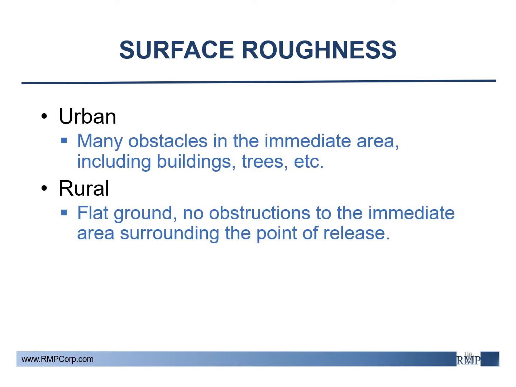The surface roughness that is accounted for are as follows. Urban and rural. Where urban, there are many obstacles in the immediate area, including buildings, trees, etc. And rural, there are no immediate obstacles in the area, and the ground is flat with no obstructions.